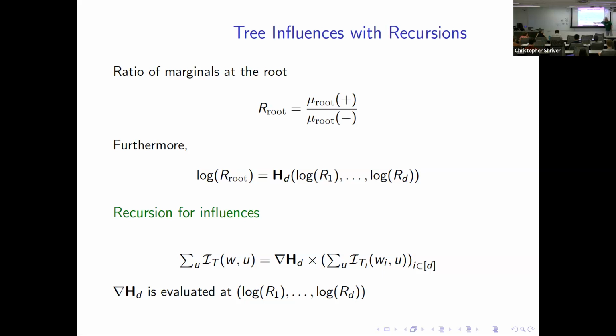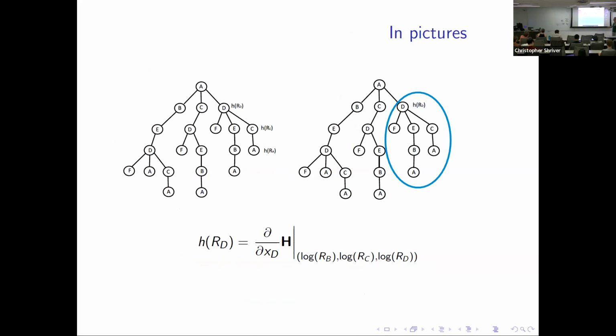So we have this vector and we take the inner product, and we evaluate the gradient at this point here. Anyway, I'm speeding up a bit.